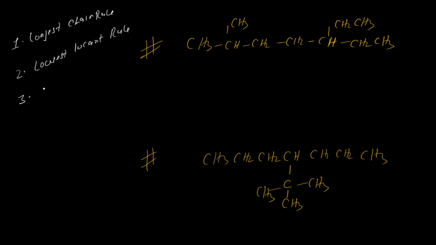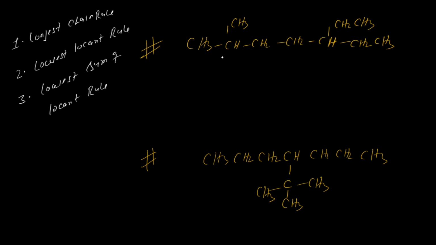And third, the lowest sum of locants rule. If substituents are more than 2, then we have to sum up and find the direction in which the sum comes out lowest.